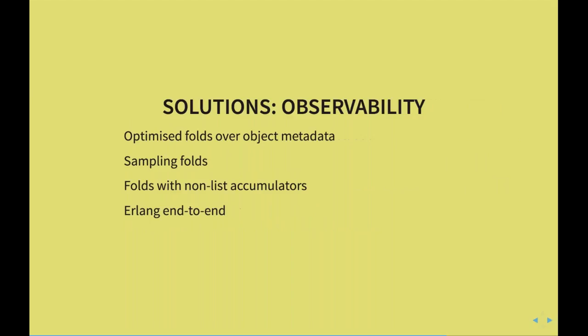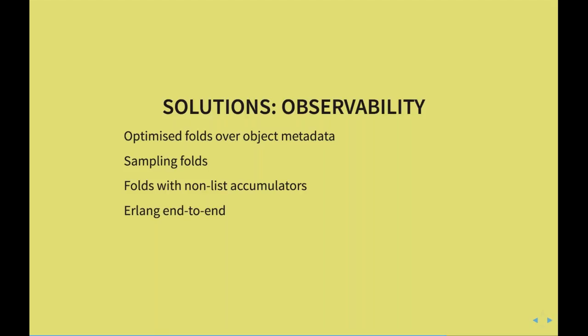So one of the things that we're looking at the moment is optimized folds over object metadata. The same mechanism that we're putting in for doing different folds for anti-entropy purposes, we realize we can use those same folds for observing the contents of the database, both non-functionally in terms of sibling counts, size of objects, counts of objects and this kind of stuff, and also functionally, if we can load some key information into object metadata.